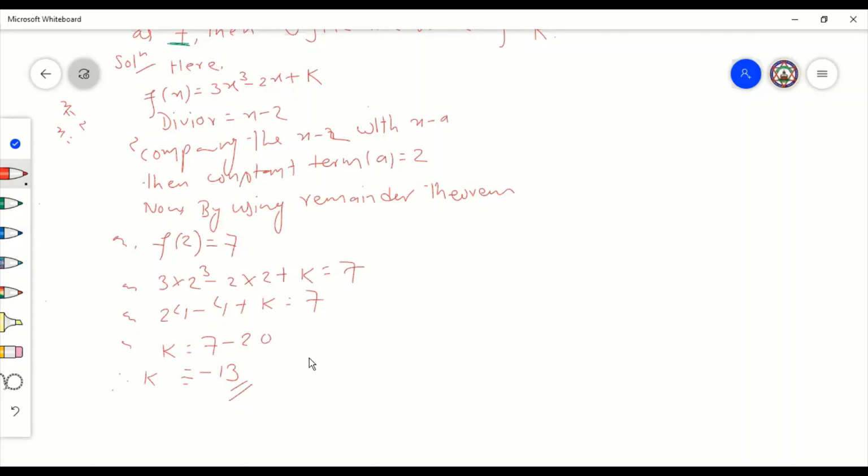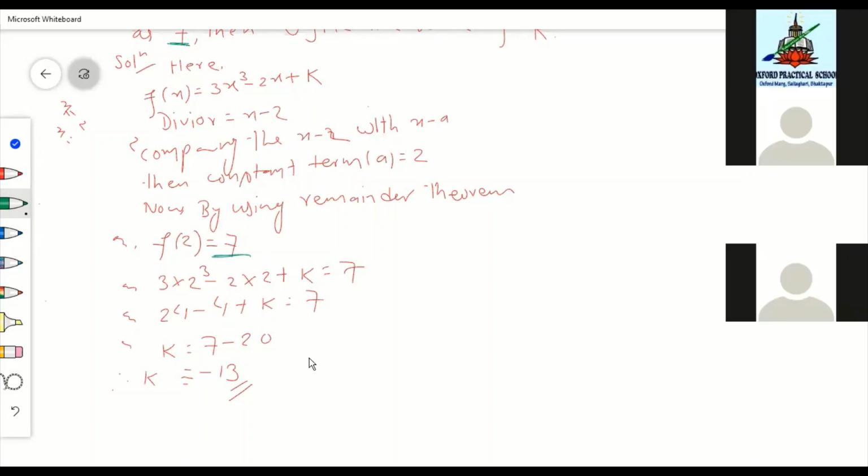So now in this type of equation, anytime here, if you are given the remainder over here, always we can put the remainder as the value, that is 7 over here. If you are given the remainder in the question, then we can put the 7 over here to find out the unknown value.